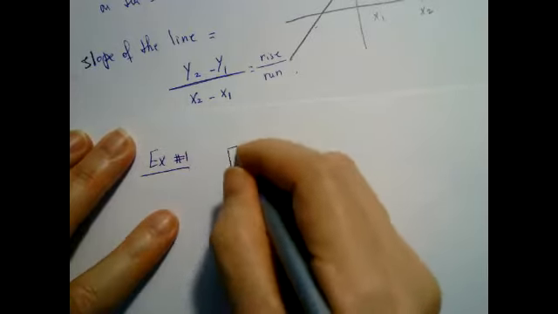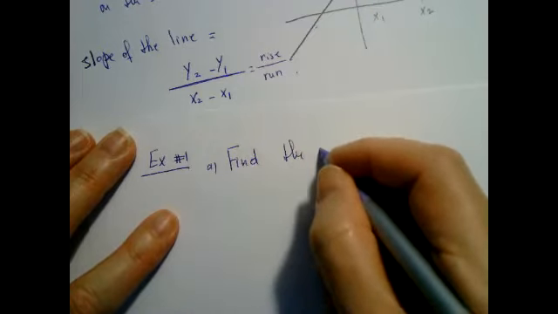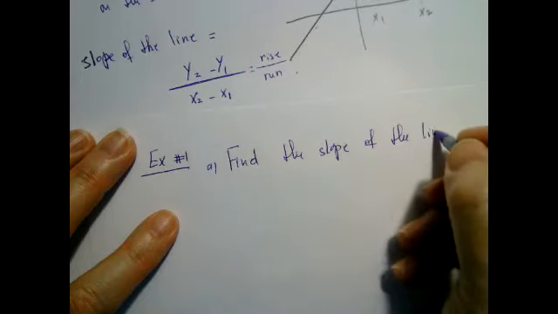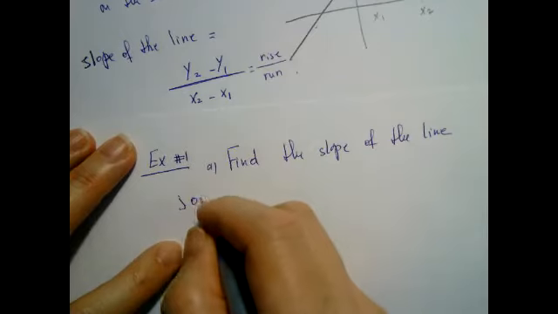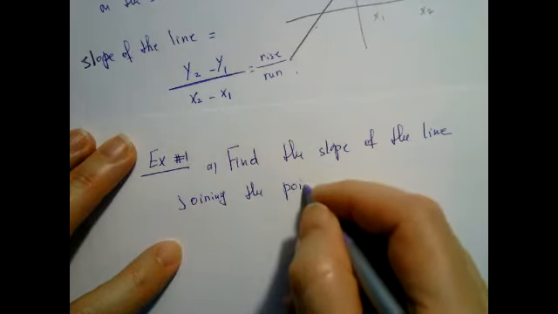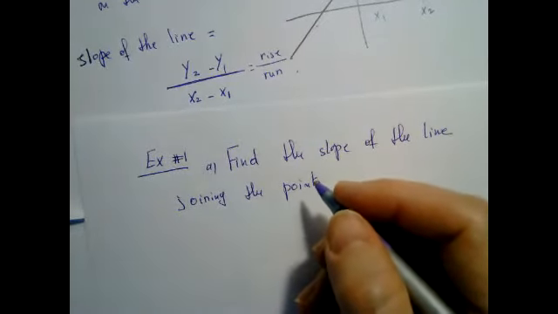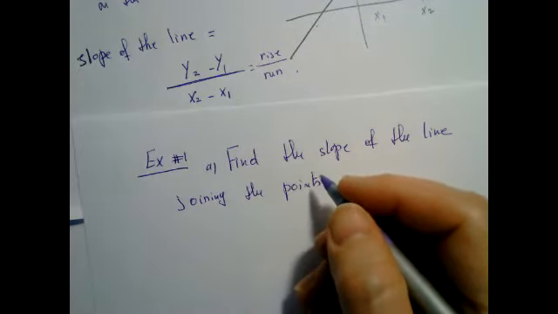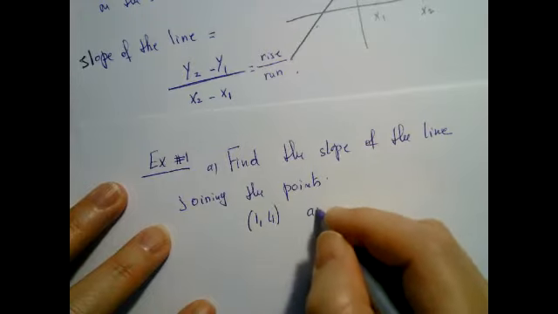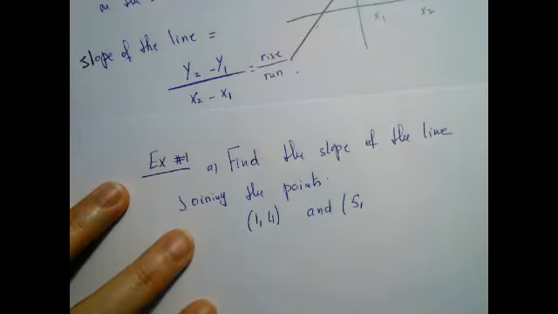Part A, find the slope, just the slope now, of the line joining the points, I'm going to give arbitrary points, for example 1, 4, and 5, 12.